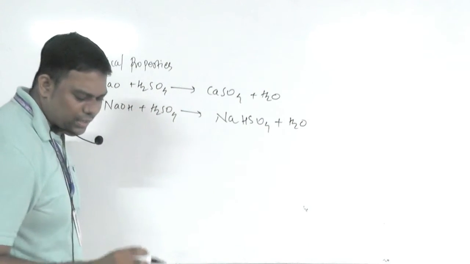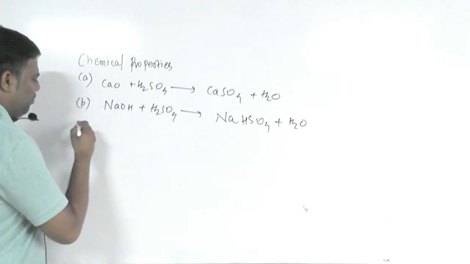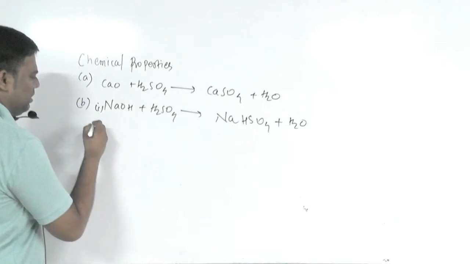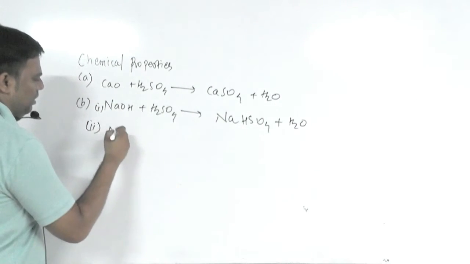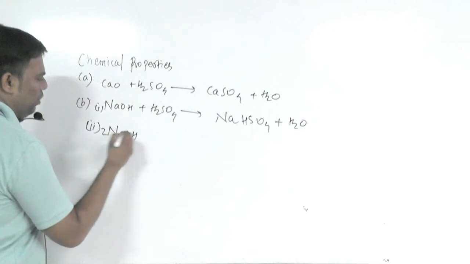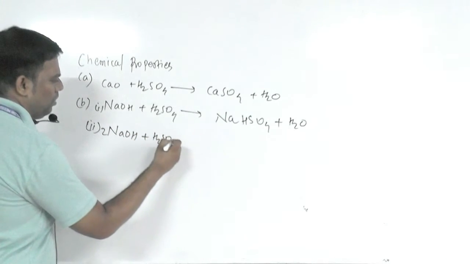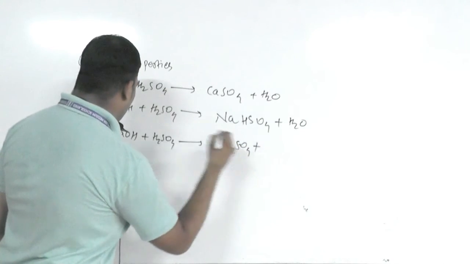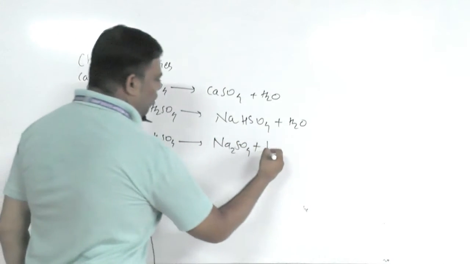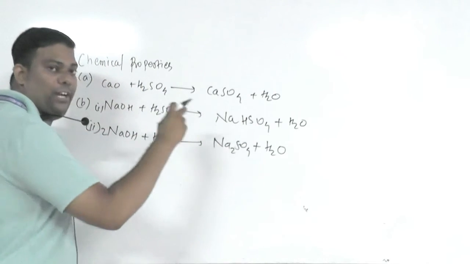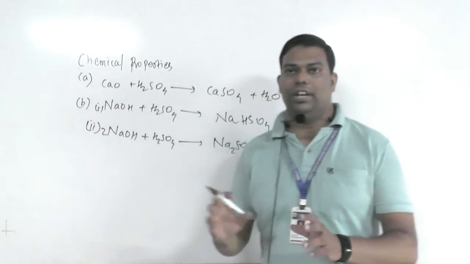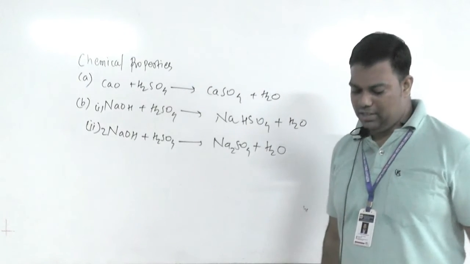Second, 2NaOH plus H2SO4 gives Na2SO4 plus 2H2O. Like that there is a possibility of two salts when you do this acid versus base reaction.